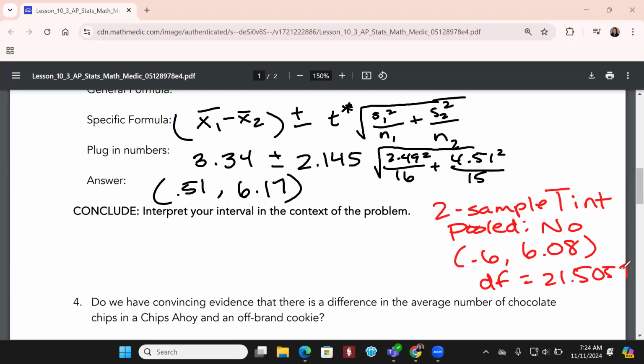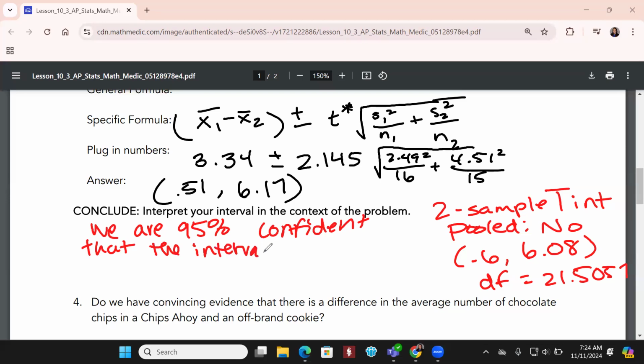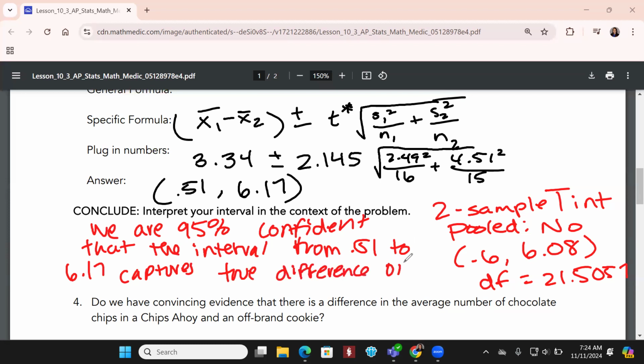All right, we're going to conclude. This is the same conclusion statement as what we did in the last section. Okay? So we are 95% confident that the interval from 0.51 to 6.17 captures the true difference in mean number of chips.